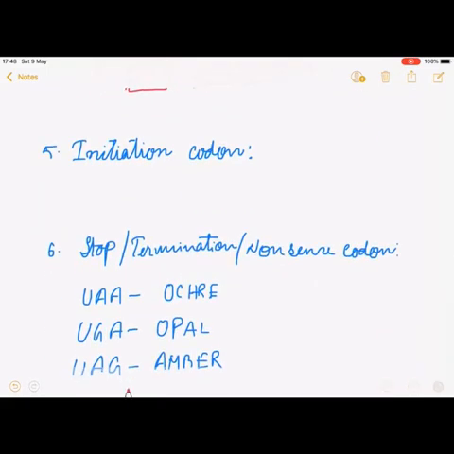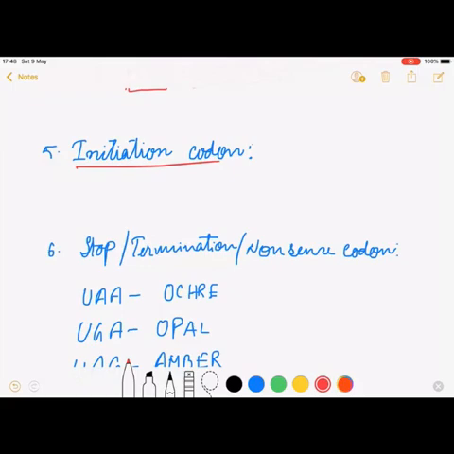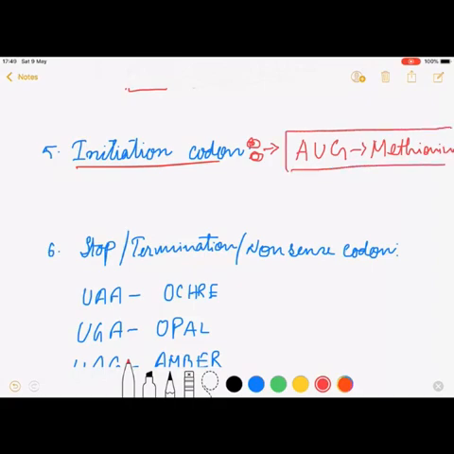There is one more character, the initiation codon. The genetic code has an initiation codon, that is AUG, and this codon always recognizes the amino acid methionine. In all organisms, protein synthesis will start from a first codon which will initiate the reaction, and to start the reaction the initiation codon is AUG.